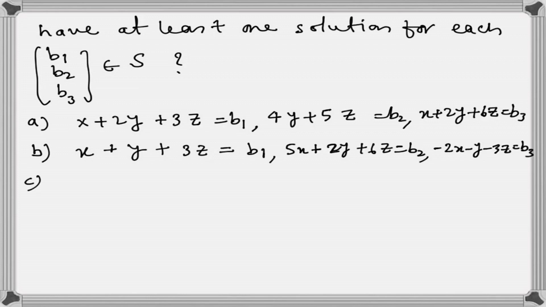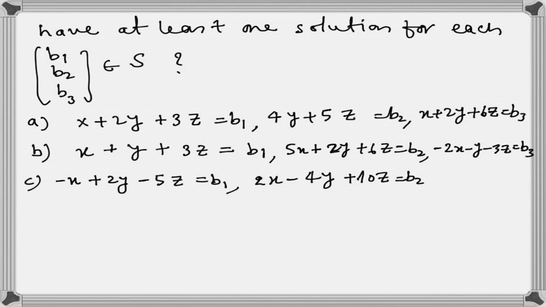C part is minus x plus 2y minus 5z equals b1, 2x minus 4y plus 10z equals b2, and the third equation is x minus 2y plus 5z equals b3.